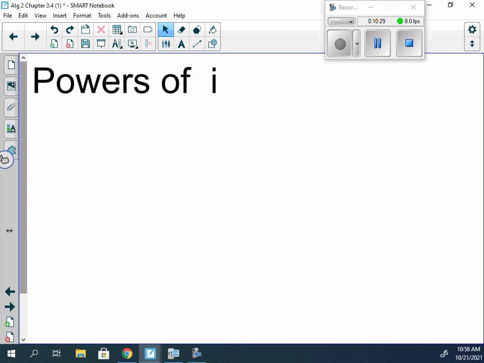Powers of i. Now, since i is the square root of -1, we cannot leave it with any power. So we're going to start out by saying that i is, by definition, the square root of -1.